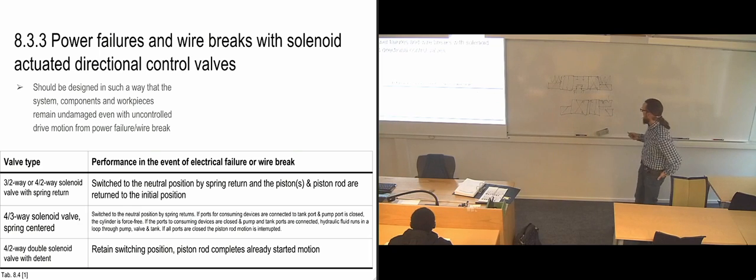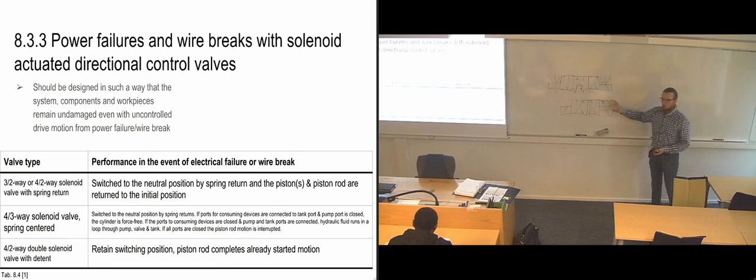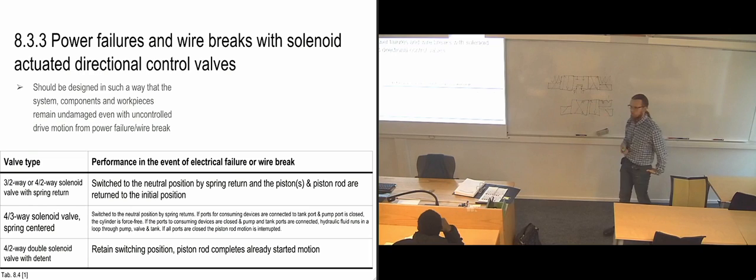Now this means that if we lose power, it's just going to stay in the position that it was in when we lost power. So it's just going to keep that position because the detent is going to hold the switching position for it. Yeah, so that's basically as simple as that one is. It's just going to keep the position.